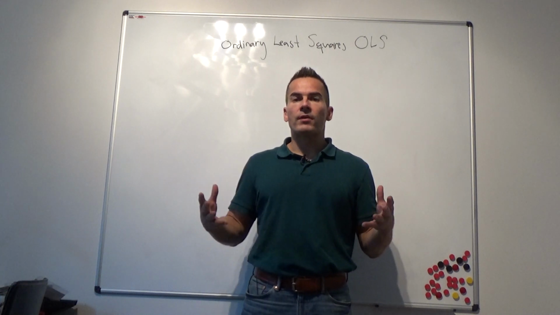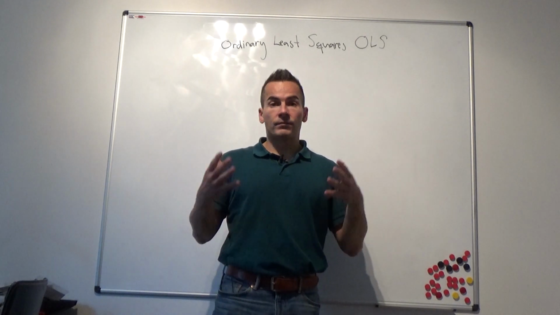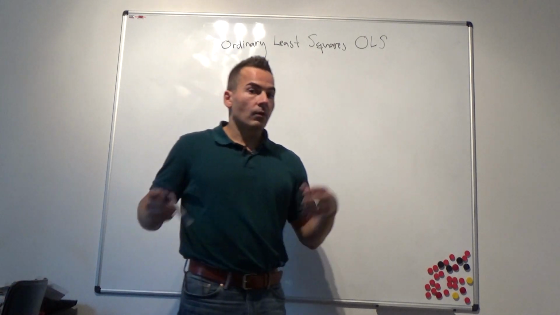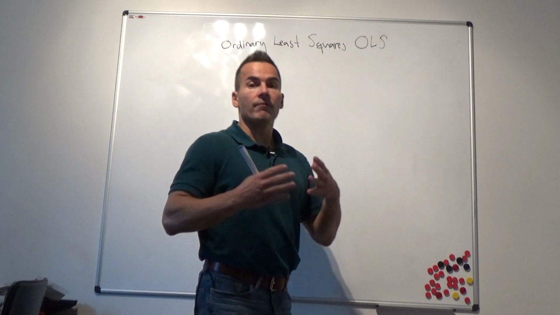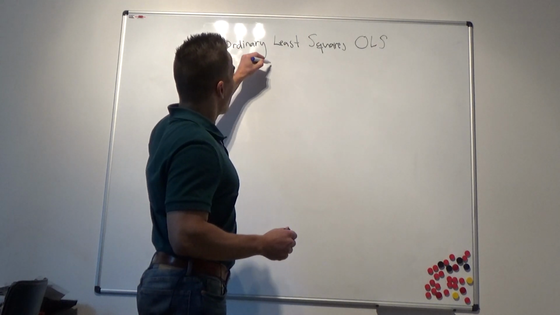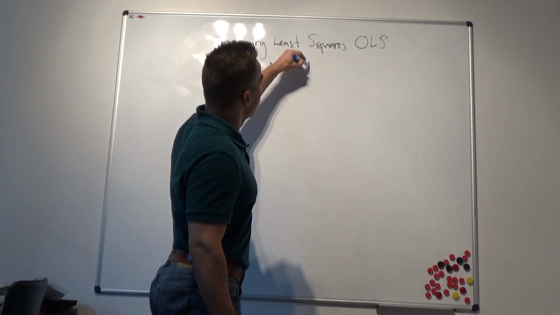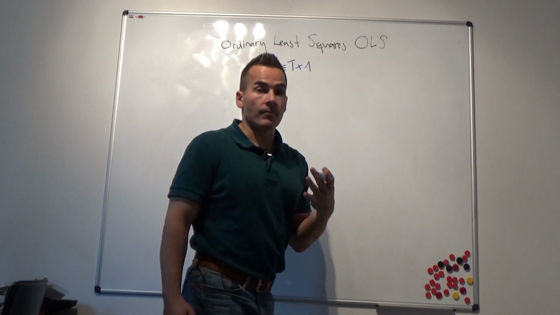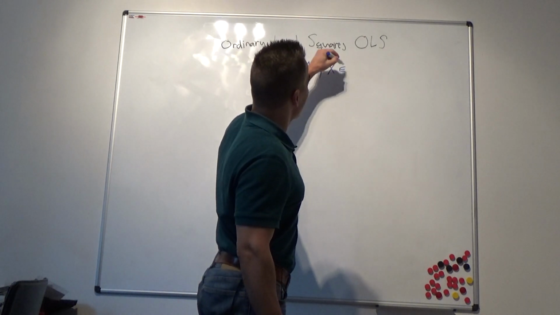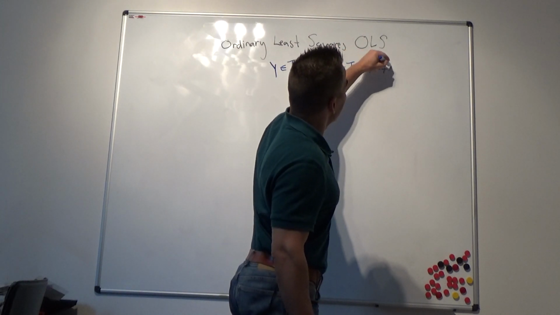So let us now derive the OLS point estimator that we need for the rest of the course over and over again. So we have already defined our vectors and our matrices one more time. Our y vector is T by 1. Our X matrix has the dimension T by K plus 1.